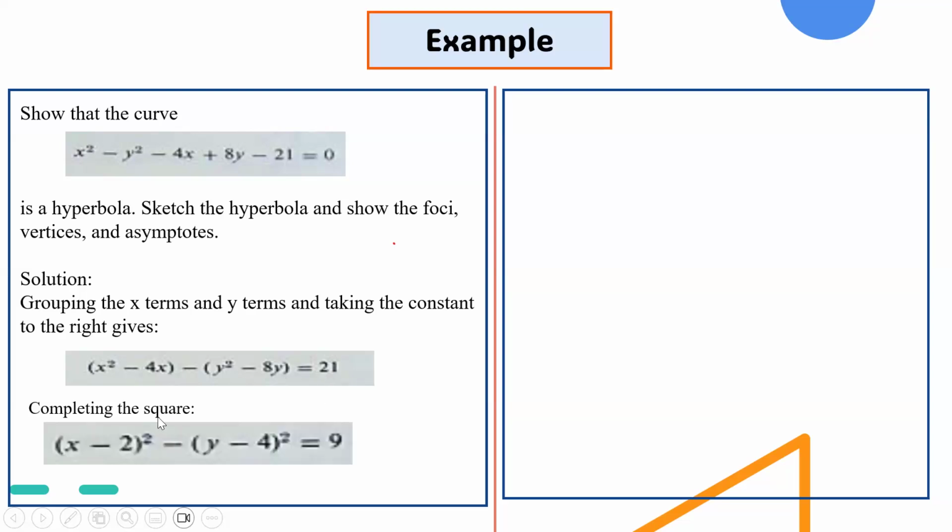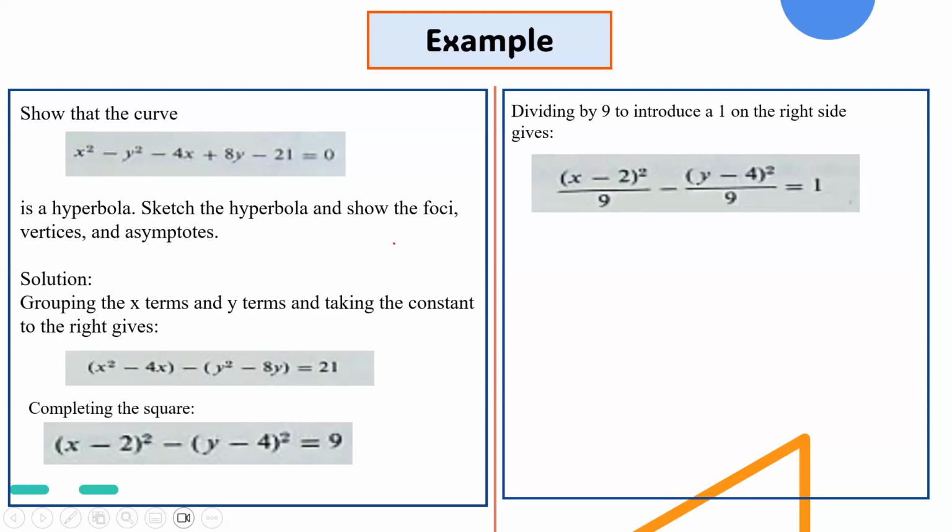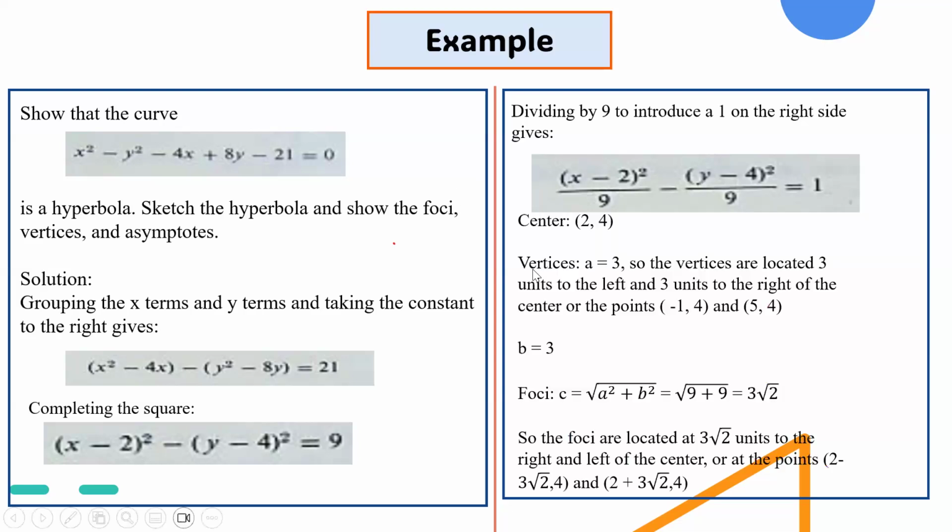After finishing this, we complete the square, which gives us (x minus 2) squared minus (y minus 4) squared equal to 9. Next, we divide throughout by 9 to introduce the 1 on the right-hand side.